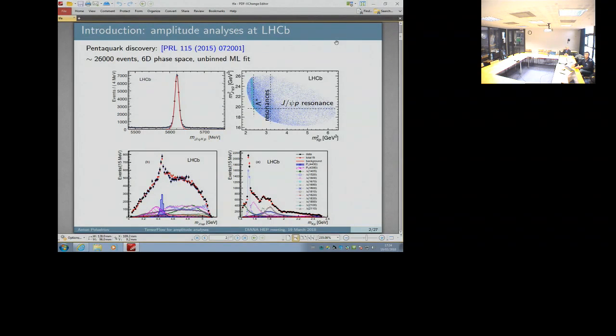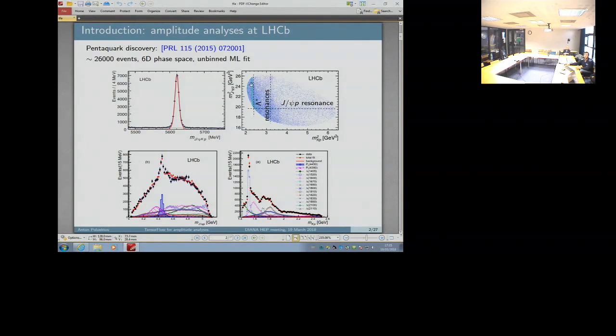And the fitting function is some complicated function which contains dynamical and kinematic terms, which is basically the interference of various intermediate resonances. A typical example is our famous pentaquark discovery analysis, where we are fitting the phase space of the J/psi proton kaon decay, Lambda b to J/psi proton kaon.